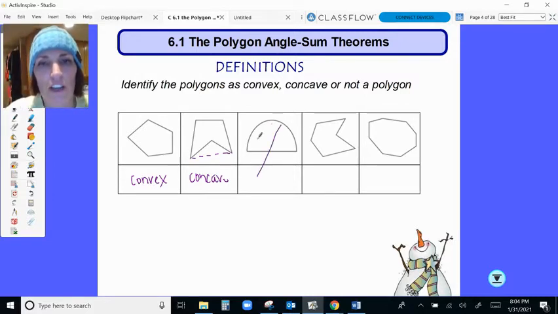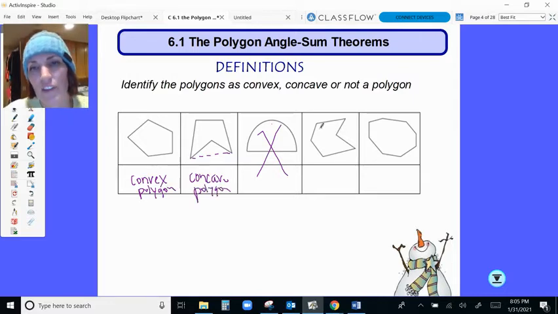This I should call a polygon, sorry. This right here is a concave polygon. It connects right here, so this diagonal would connect outside the polygon. And this one right here is a convex polygon.